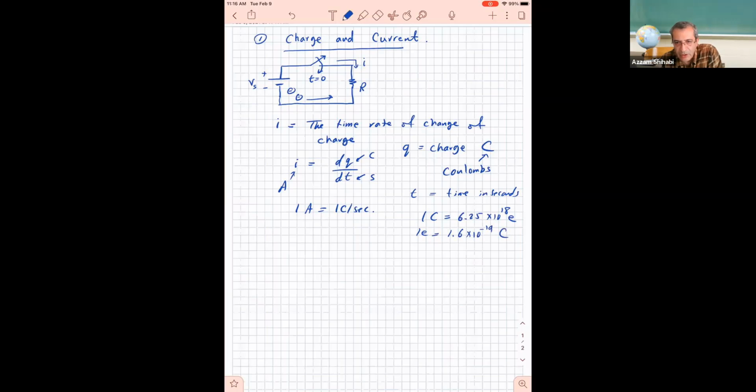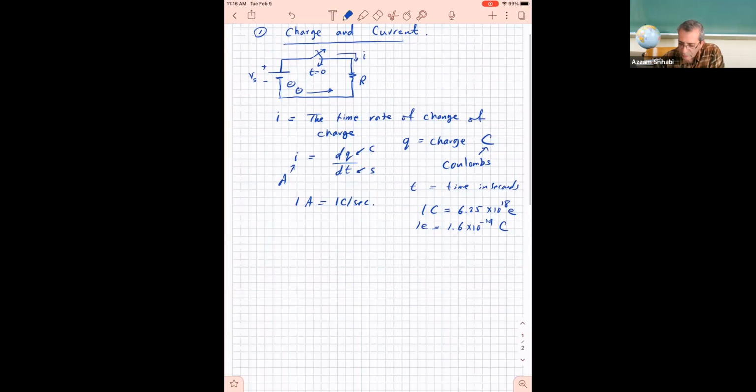So 1 coulomb is a large quantity. So usually when we talk about charge, maybe it's in millicoulomb, microcoulomb, and so on. Or the current, maybe milliamp or microamp. So we will use smaller units than amps and coulombs.